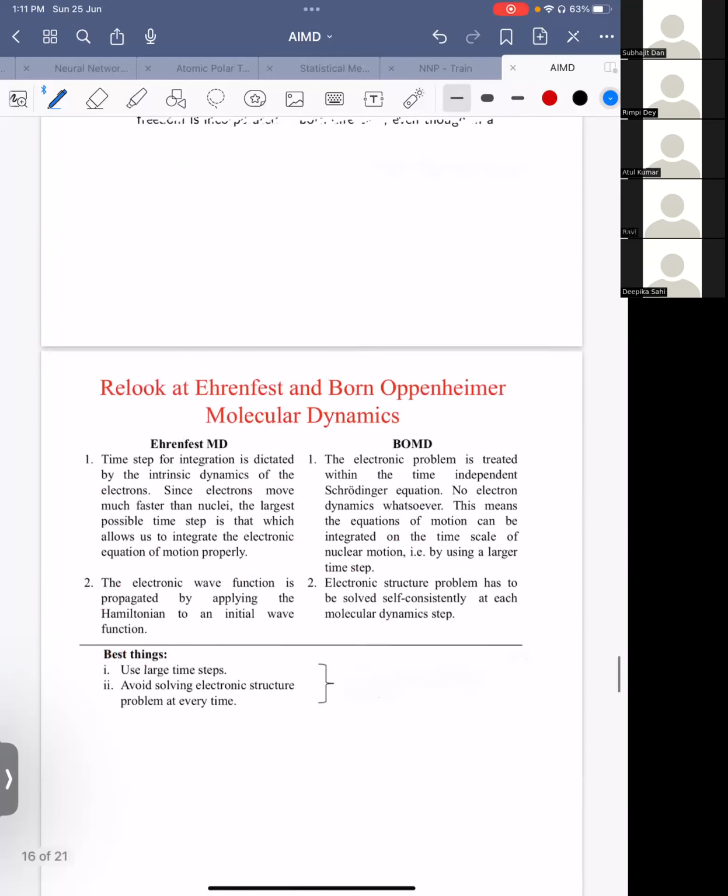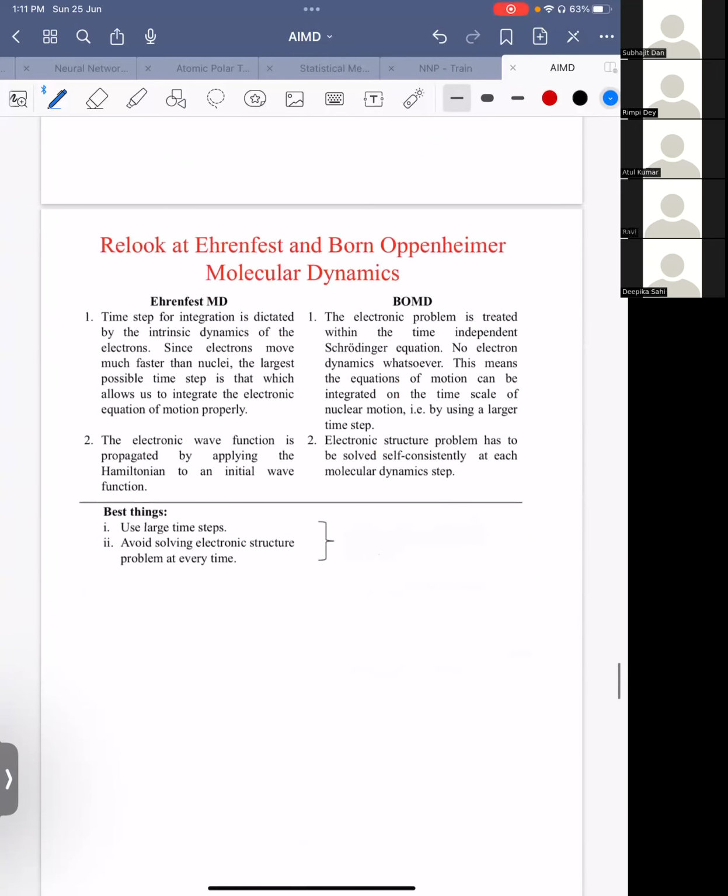So if we relook at both Ehrenfest and Born-Oppenheimer molecular dynamics, the Ehrenfest molecular dynamics is evolving the electrons as well. So the integration time step which we use to integrate the equation of motion must be small so that it can capture the electronic motion.